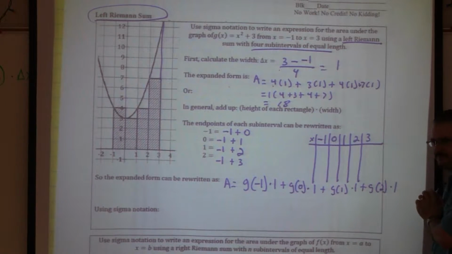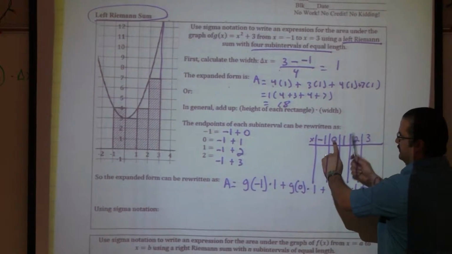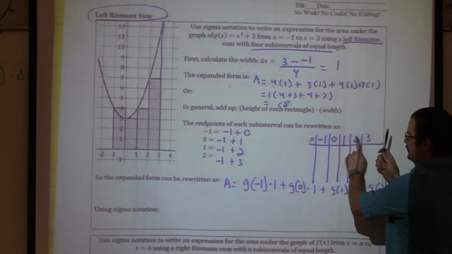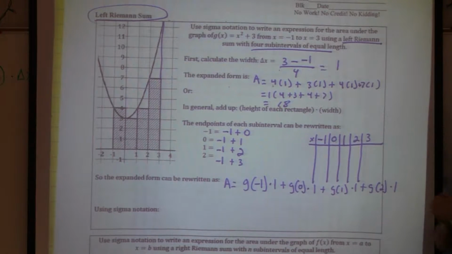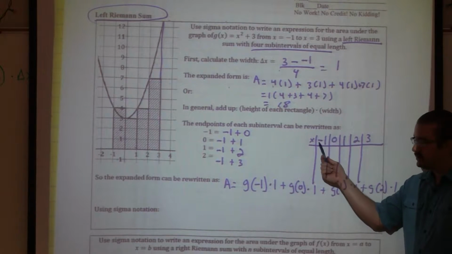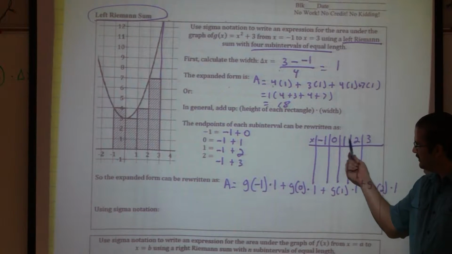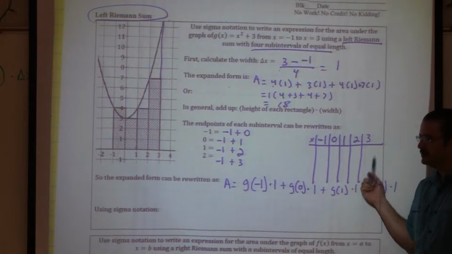You understand? If we were doing right, then which ones would I use? 0, 1, 2, 3. You understand? If we're doing midpoint, then what would I pick? Negative 0.5 and then 0.5 and then 1.5 and then 2.5.